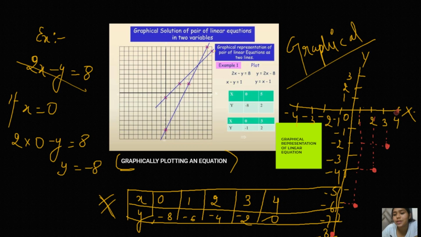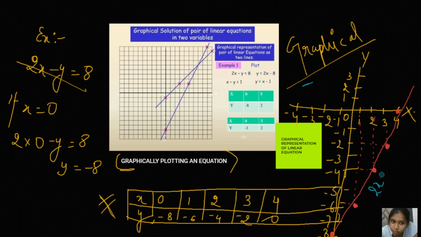Okay, so now you just have to join these graphical points. This is what the graphical representation of a particular equation means. This is how we can graphically represent a particular equation. Here we'll write the equation.